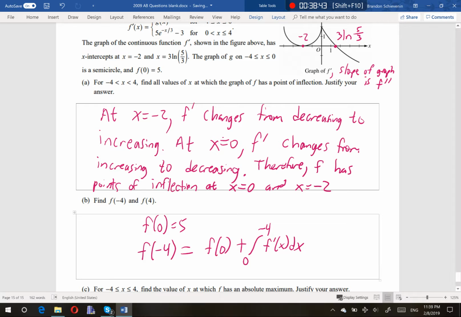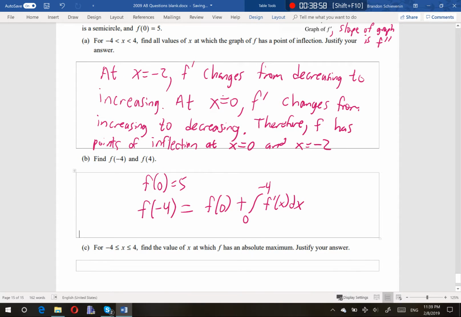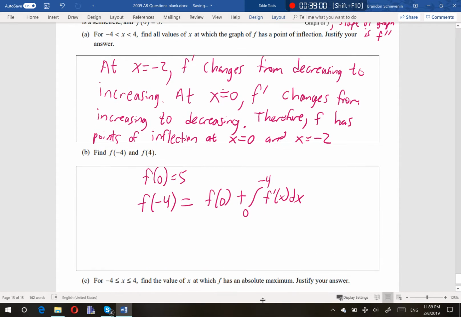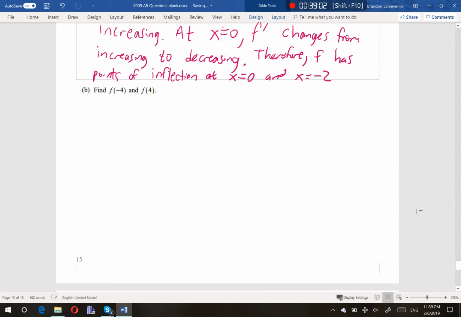Okay, this is a little bit tricky because my bounds are flipped. Usually we have a lower bound and then we go to an upper bound. Right now I have an upper bound and I'm going to a lower bound. So anytime we flip our bounds, we can swap our sign.